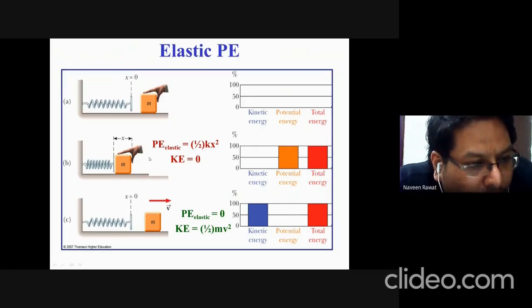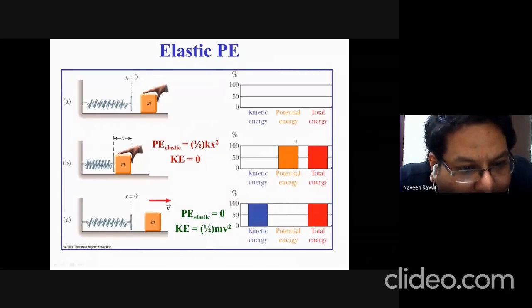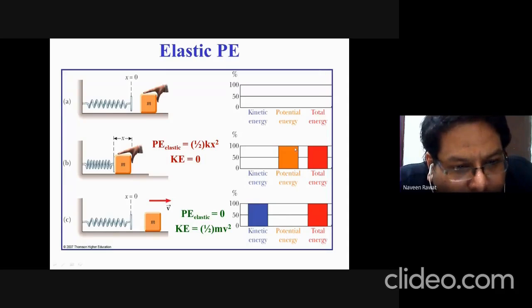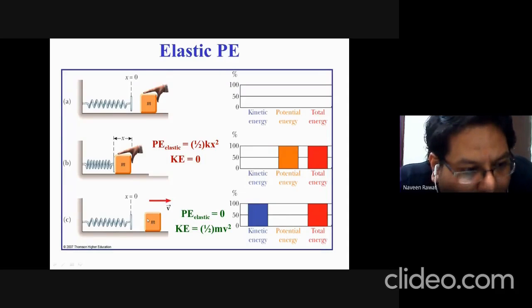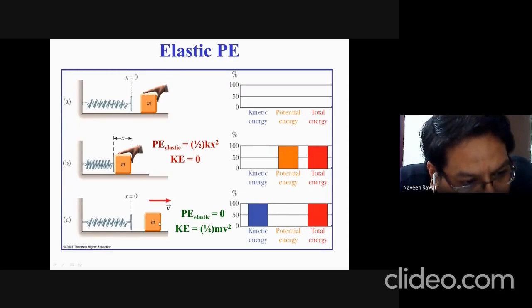Okay, so at this point, when you have compressed it by some position x and you have not let go, all you have done is provide some potential energy into the system, and that is your total energy of the system. So 100% of the energy is now potential energy. Suppose now we let go of this mass, and it will start accelerating in this direction.